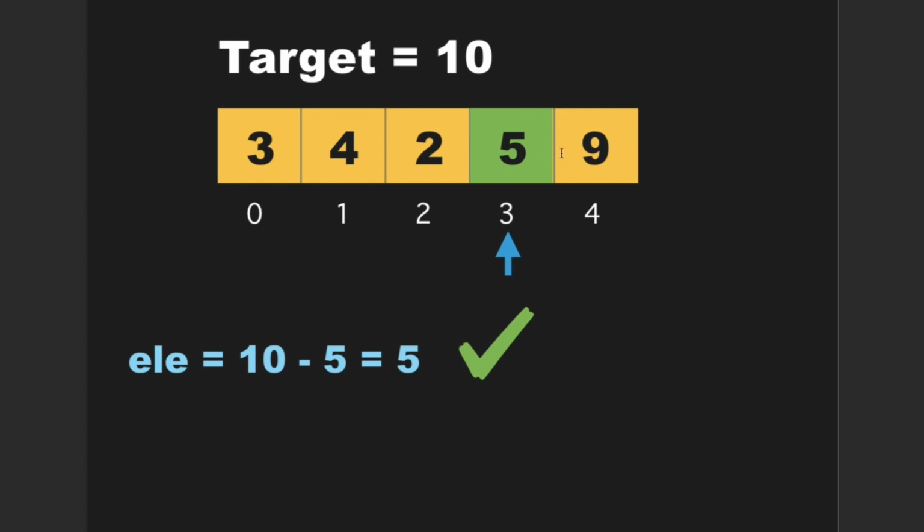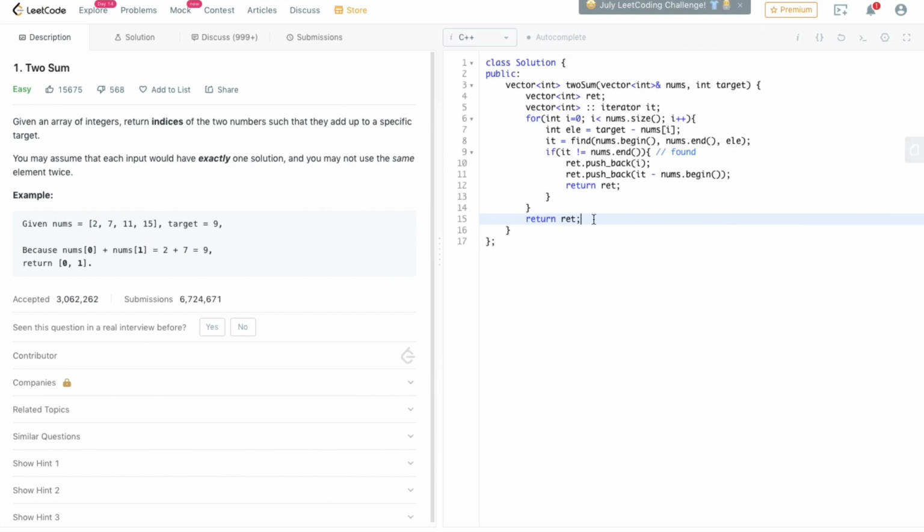So, the element is 5, and after finding the complementary element, we also get 5. So there might be a case that when we find this 5 in the vector, our index will be the same as that of the original element. So we need to check this case in our code.